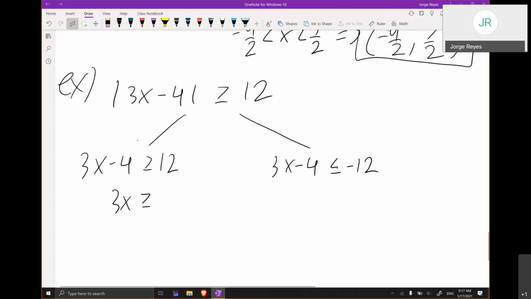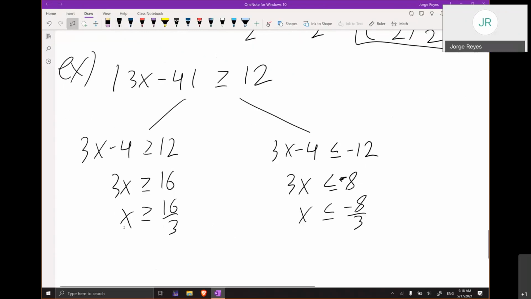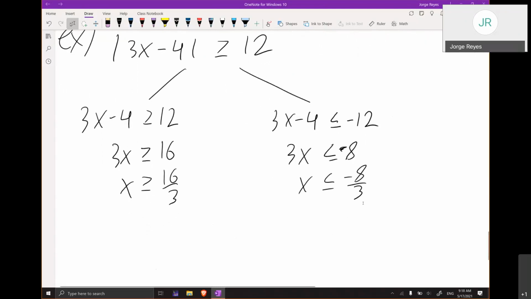So 16 over 3, 3x, adding a 4, so that's 8, and negative 8. And here you notice you need a number bigger than this one, but less than this one. If you draw this out on a number line, what does that look like?